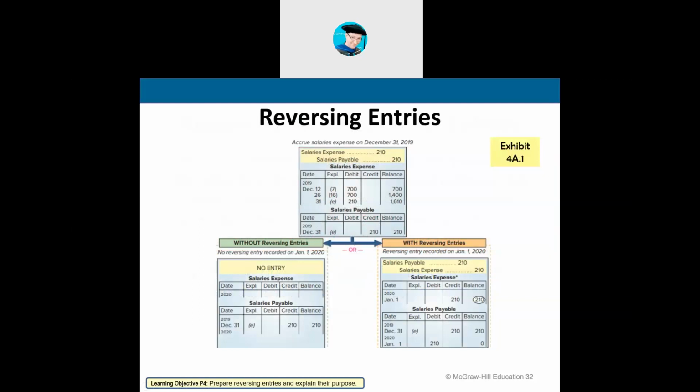Here's a couple of examples of reversing entries that might be made after the closing process has completed. So, for example, let's say we're at the end of the year and there was a situation where payroll, an employee, we didn't accrue the expense on time, or even better, we accidentally accrued the expense in that previous year when it actually should have belonged in the next year.